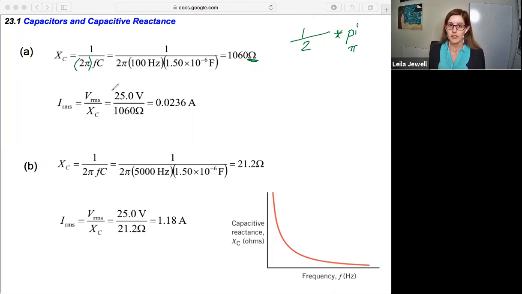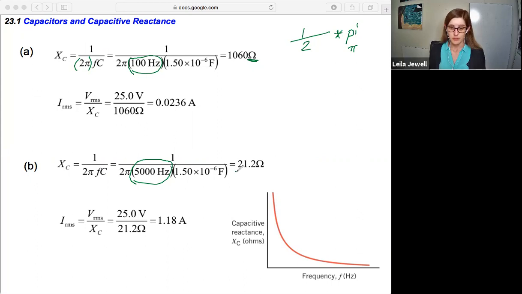Solving for current is just the RMS voltage divided by our capacitive reactance, which comes out to a fairly small 0.0236 amps. In contrast, in part B, instead of working with 100 hertz, we're going to up that frequency to 5,000 hertz. So this is 50 times larger frequency.